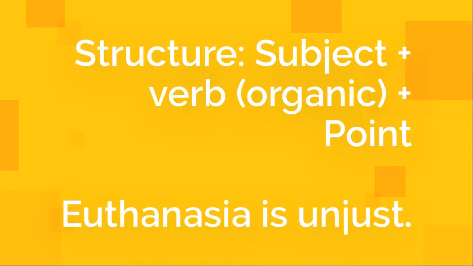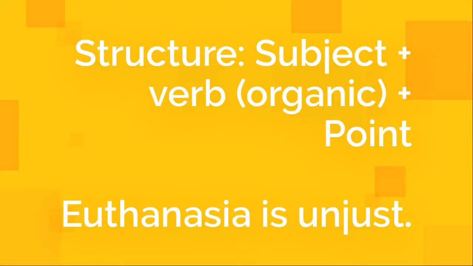Point is unjust. So now we can ask ourselves, okay, I've clearly taken a subject, and I've made a point about that subject. Now, is this point defensible? And of course, euthanasia nationwide is an act that not all states agree with, but it's also an act that some states do agree with.